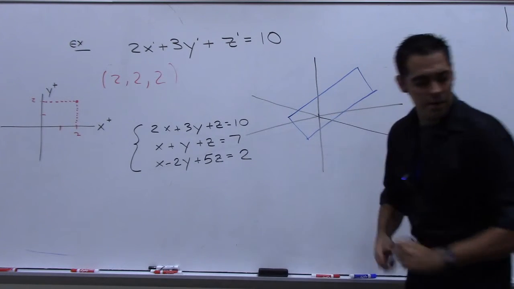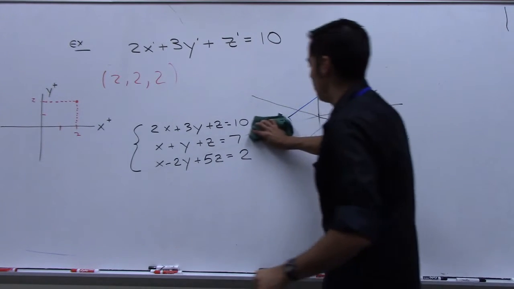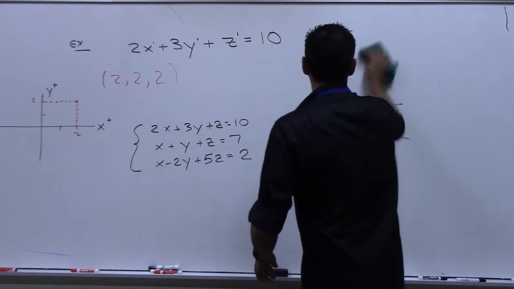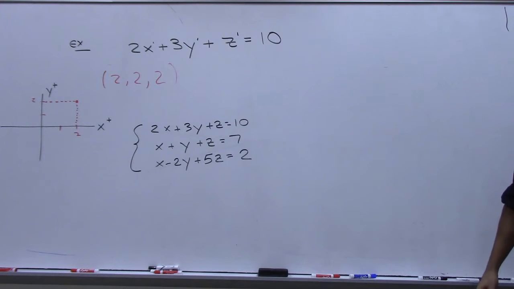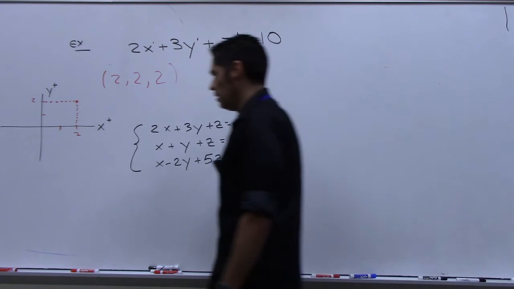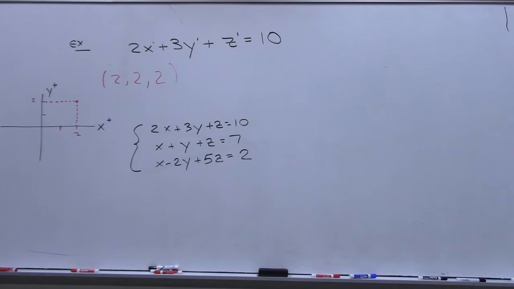So there's three equations, right? Three linear equations in three variables, x, y, and z. Then what do our solutions represent geometrically? The intersection of three planes.